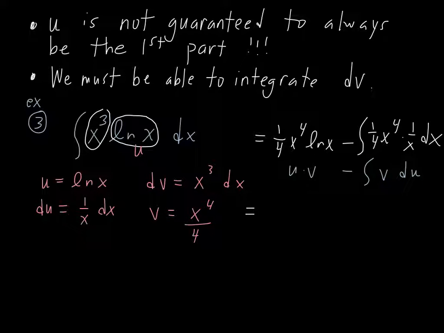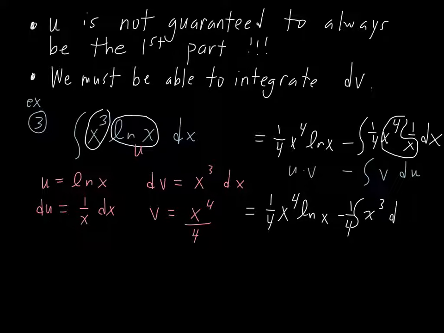So let's clean this up a little bit before we go ahead and integrate. So if we have 1 over 4 x to the 4th times 1 over x, this 1 over 4, we can put that out in front of the integral, and this x to the 4th is going to be divided by that x, so that's really going to be the integral of x cubed.